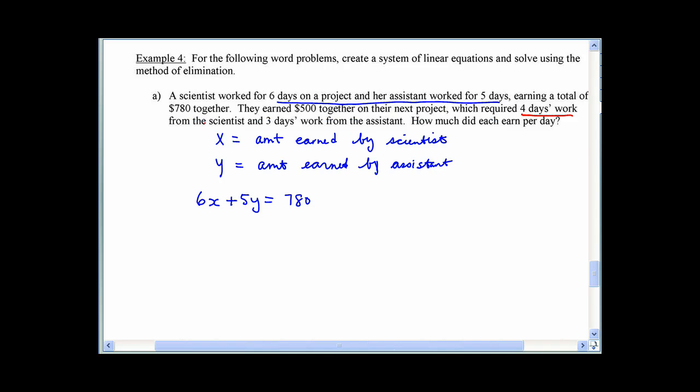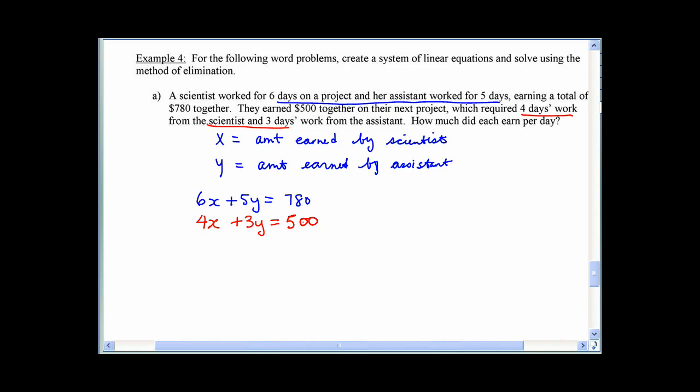Next part, 4 days, scientist, so I guess 4x. 3 days from the assistant, 3y. That must equal 500. There's your system. Go ahead and solve and see how much money you get.